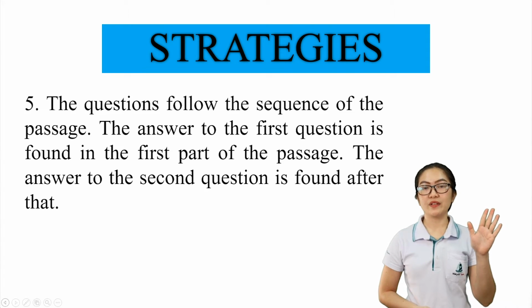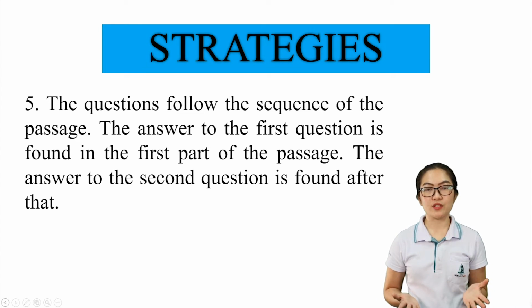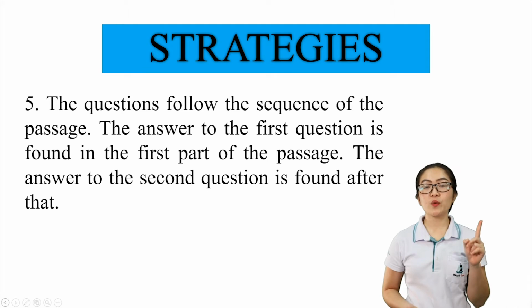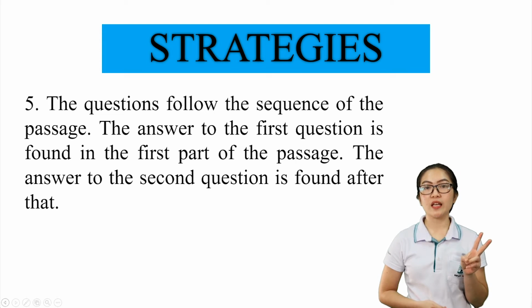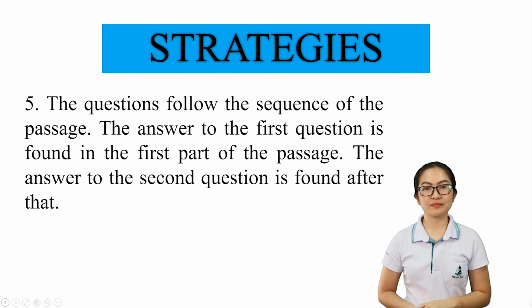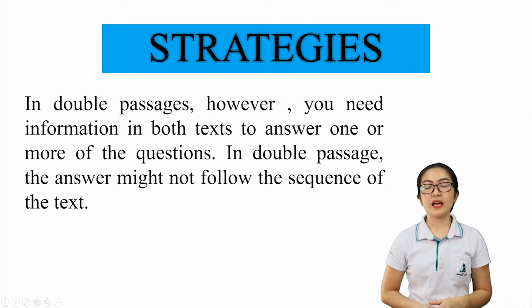Number 5, the questions follow the sequence of the passage. The answer to the first question is found in the first part of the passage. The answer to the second question is found after that. In double passages, however, you need information in both texts to answer one or more of the questions.